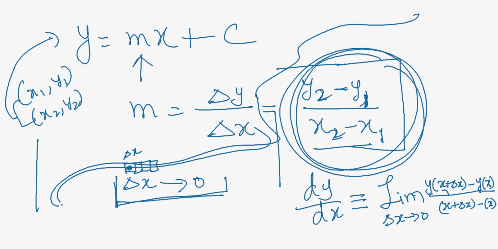You see that? So when it is a straight line, this whole thing becomes very easy, like y2 minus y1 over x2 minus x1. You get that?